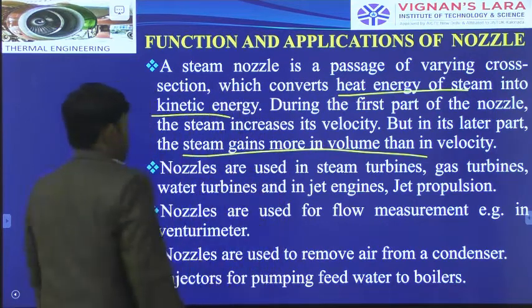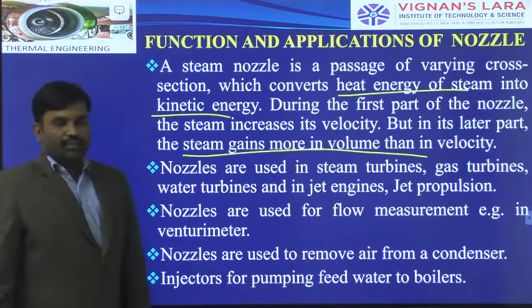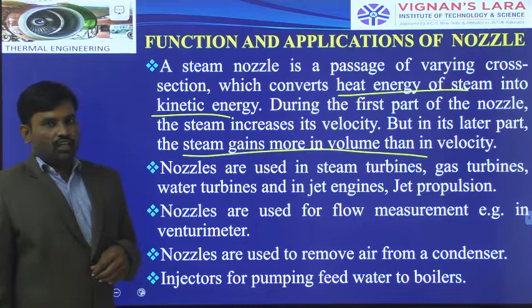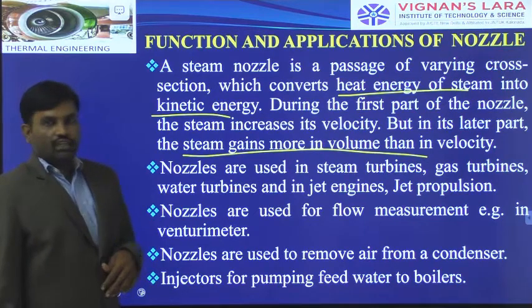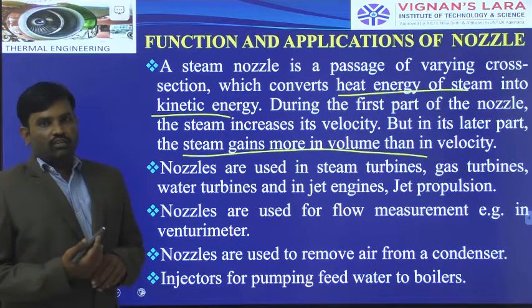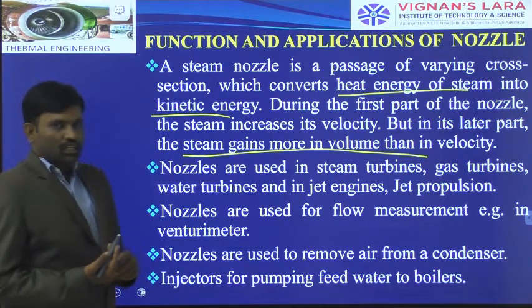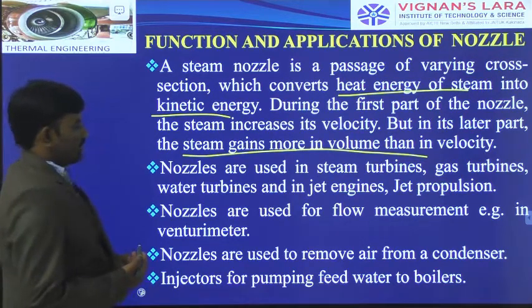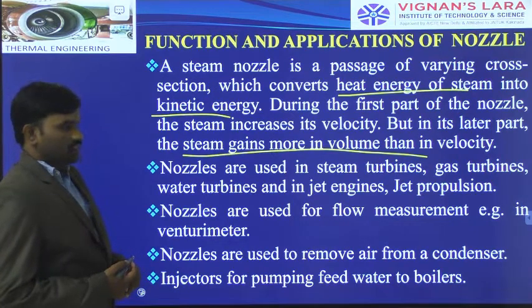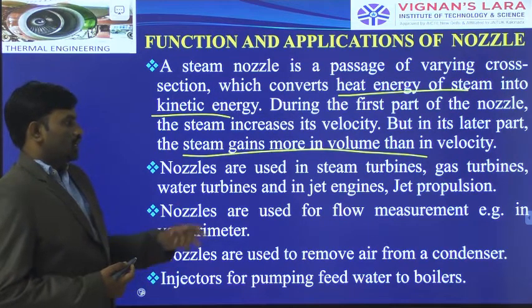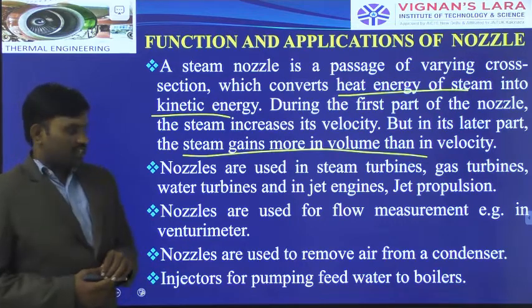During the flow of steam inside the nozzle, we expect higher velocity and higher volume. How do we get that? We convert the pressure energy of steam into velocity and volume. Nozzles are used in steam turbines, gas turbines, and water turbines.